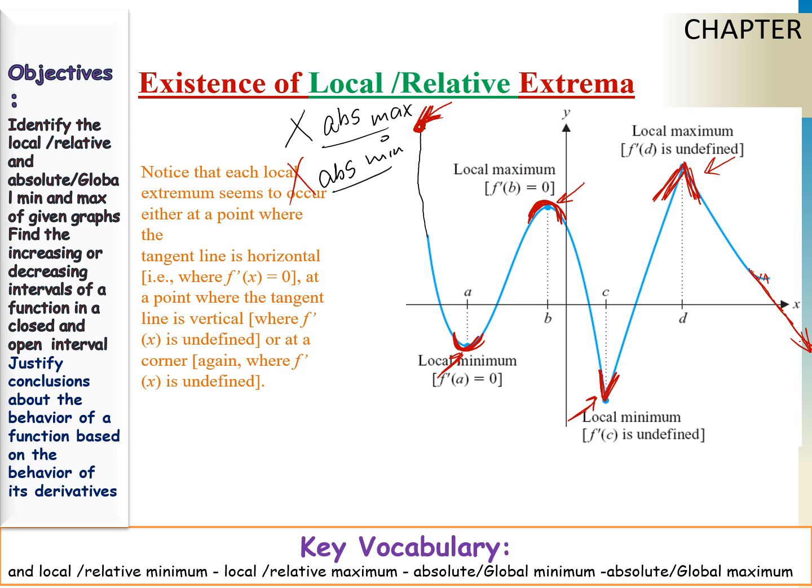The last points, if they are included points, could be only absolute maximum or minimum. Absolute maximum or minimum can be in between or at the end of the graph, but the local minimum or maximum will always be found in between the graph.